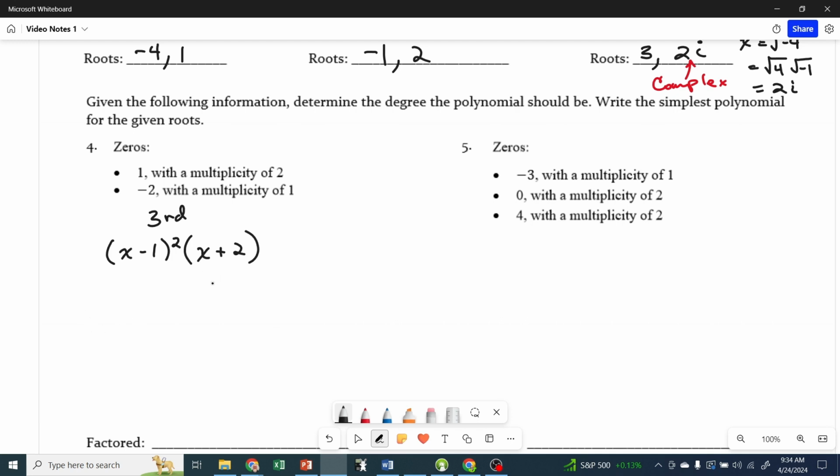From here, we would take this polynomial and square it: square the first term, multiply the product together. Negative 1 times x is negative x, and then double it, negative 2x, plus 1. So now we're going to multiply that by x plus 2.